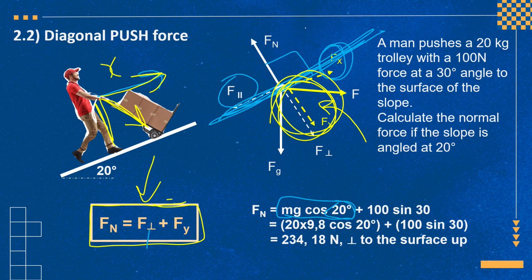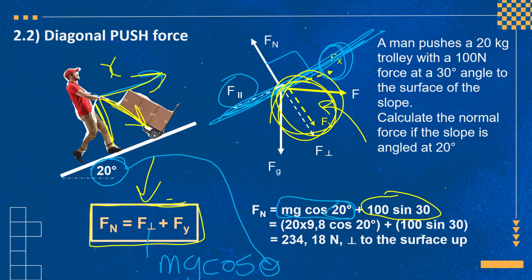Why 20? Because if you calculate F perpendicular, it's mg cos theta, and this theta is the angle of the slope. But when you are dealing with Fy, Fy is relative to F, which is at an angle 30 degrees to the surface of the slope. So that is why this angle is 30, but this angle is 20.